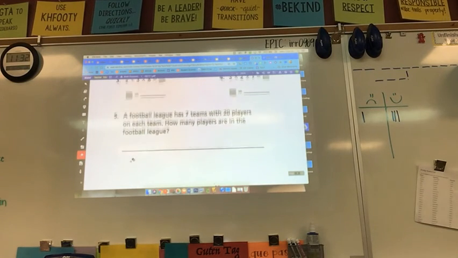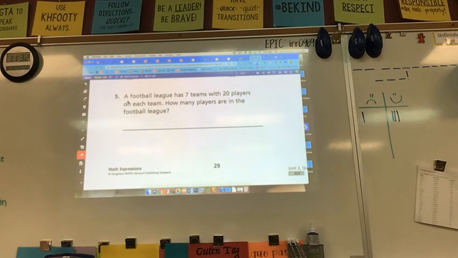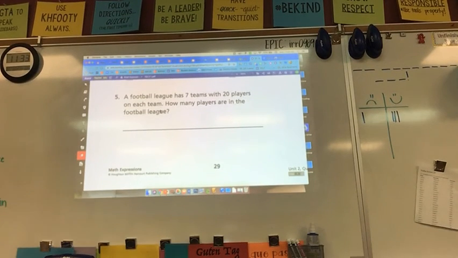Then read this last problem with me, please. Friends, if there are 7 teams, and each team has 20, what type of equation would that be? If I've got the same number of players on each team, what type of operation would that be, or what type of math drawing, Eli?